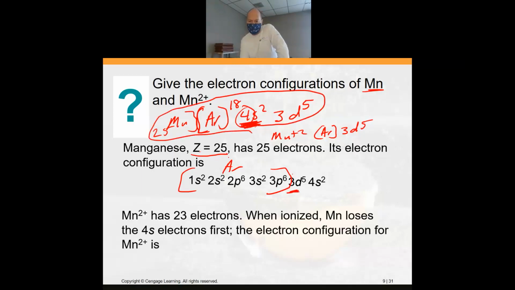The answer is going to be written in number order, the 3d5 written first, the 4s2 written second, for the reason that when you remove them from the highest to the lowest. They will always put it in number order so that when you take electrons out, you take them out of the 4s. I don't care what order you put them in, but you must take the electrons out of the 4s2 for this problem because that is the higher N quantum number.